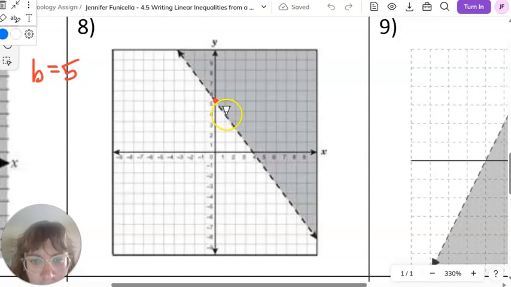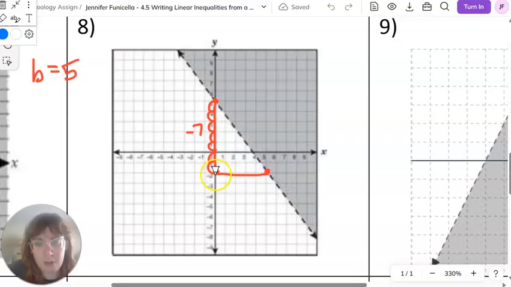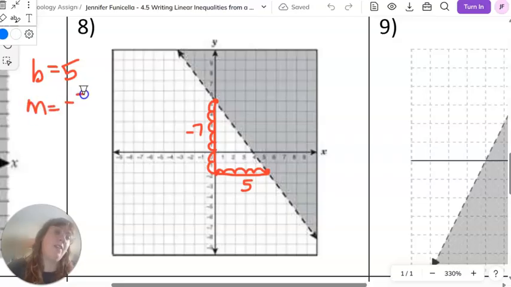My apologies. Well, we'll use this. This looks like a point right here where it's crossing. So our slope is going down 1 and over to the right. So we're going down 1, 2, 3, 4, 5, 6, 7. And we're going to the right 1, 2, 3, 4, 5. So we're going to do a slope of -7/5.